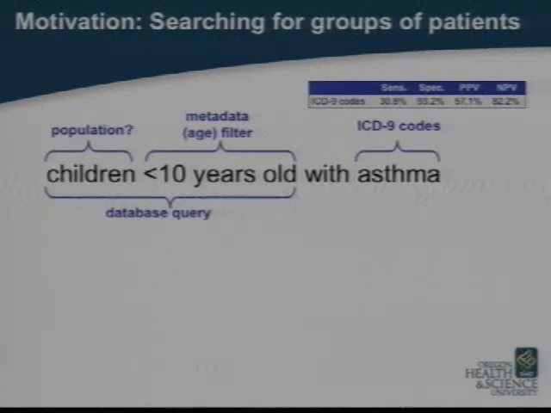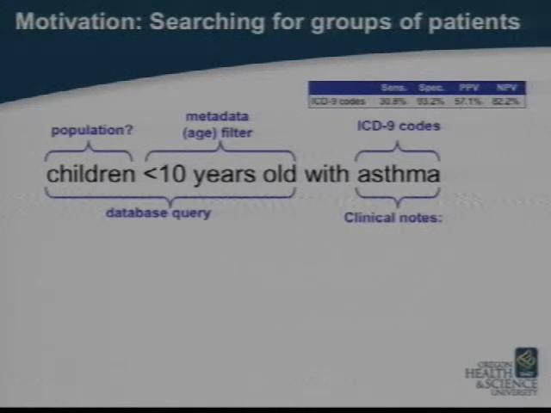The positive predictive value is 57% for ICD-9 codes for this particular sample. So there's some evidence that for some kinds of cohorts, just a simple diagnosis code is not going to serve you very well, right? So, okay, ICD-9 codes might not work in every situation.